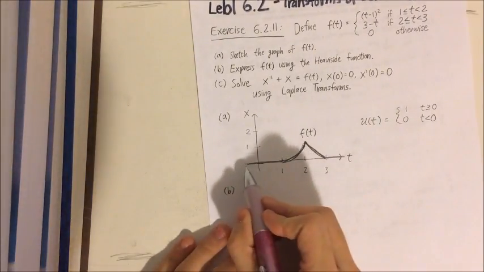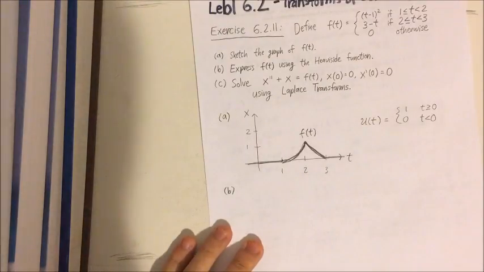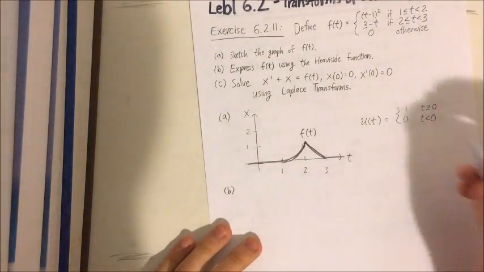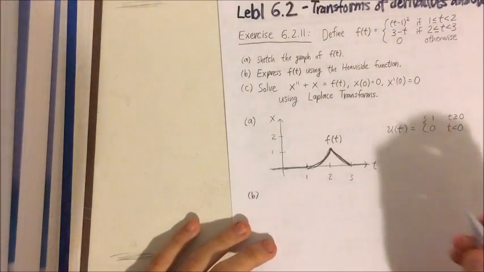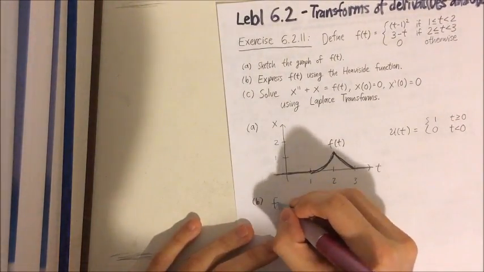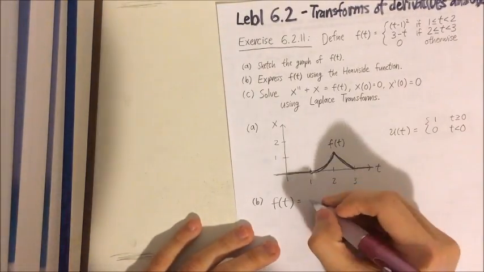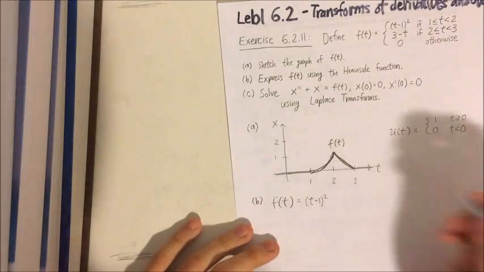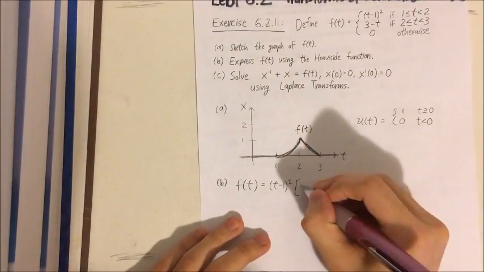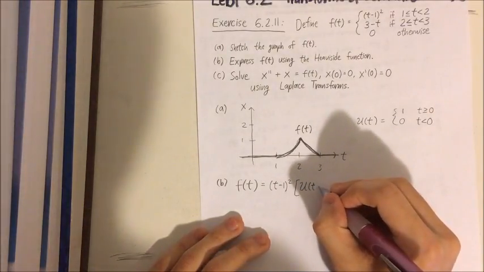So let's look over here. It's equal to 0 before t equals 1, but we turn it on at t equals 1. So we multiply by the unit step function at t equals 1. So f of t is equal to, we turn on this part, (t minus 1) squared, at time t equals 1.